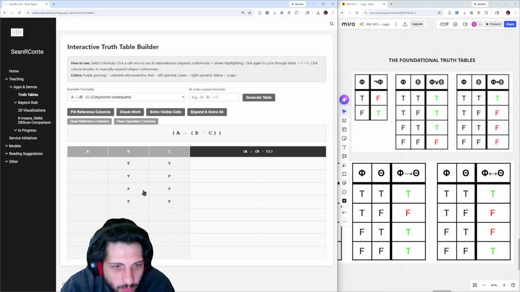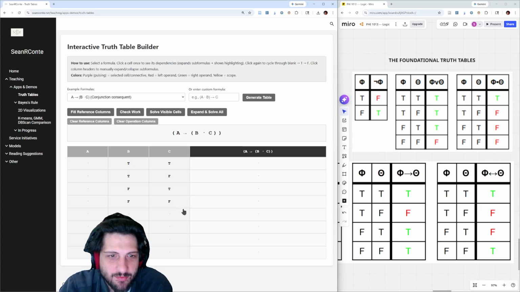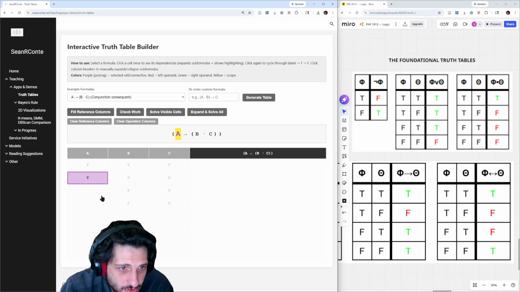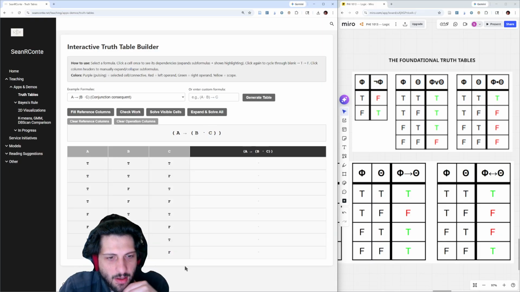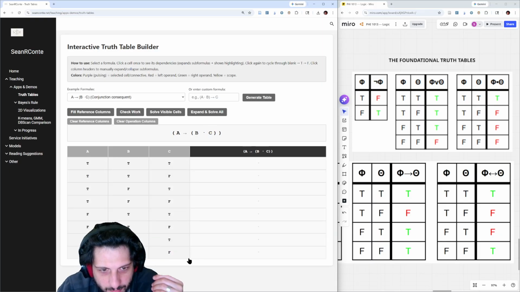So right here I have all four possible combinations of B and C. But of course, all of this could happen while A is true, and all of these could happen while A is false. So I want you to get comfortable with building this out.